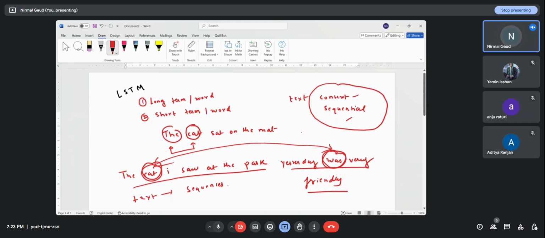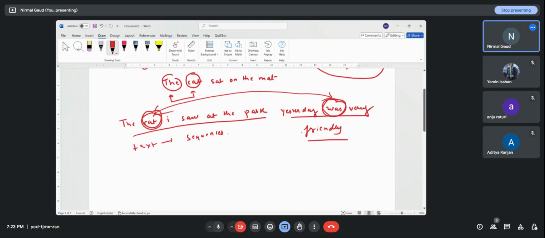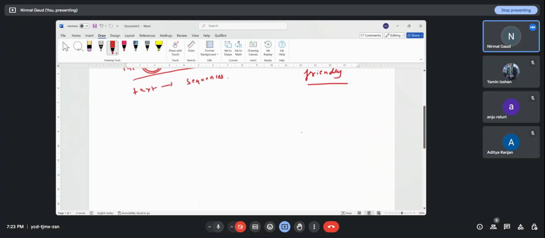And I also told yesterday that long term dependencies are handled by the cell state in LSTM, and short term dependencies are handled by the hidden state in LSTM. It is very much mandatory to watch the recordings which I share.